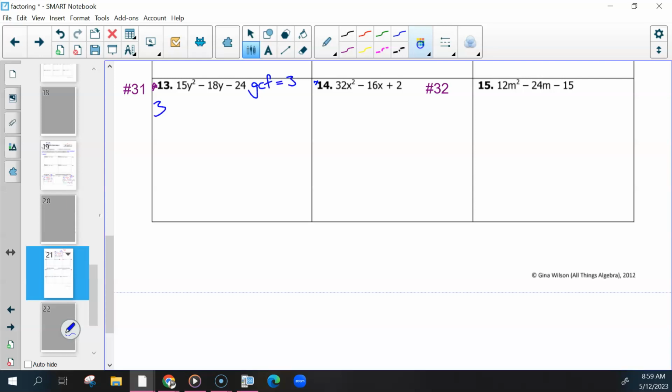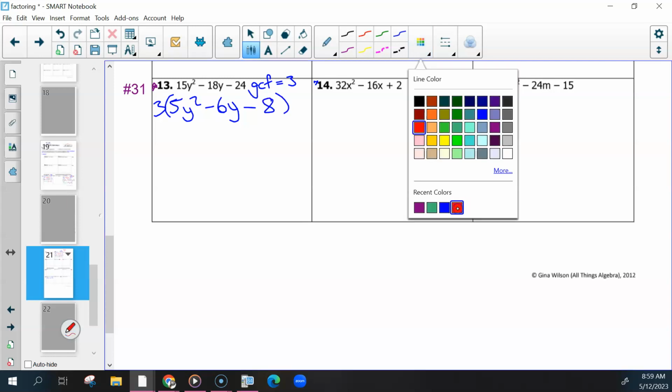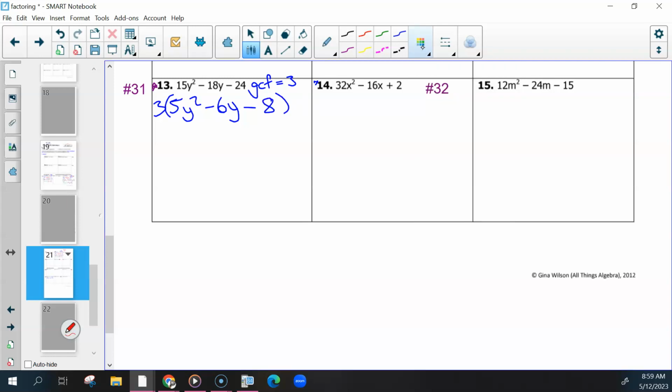So if our GCF is 3, if we divide each of these by 3, what would be left? Minus. Close. Okay. Then the steps are the same.